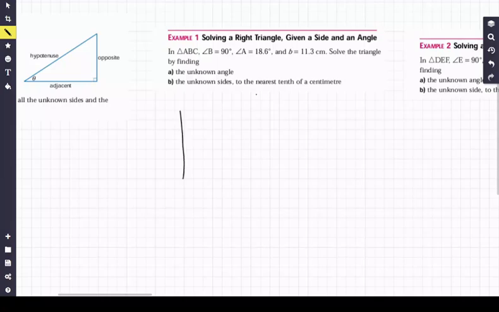So first we have a triangle A, B, C. Okay, so this angle is our B. If you don't remember, the corresponding side to this angle B is the side little b.